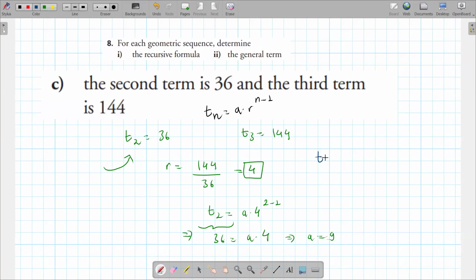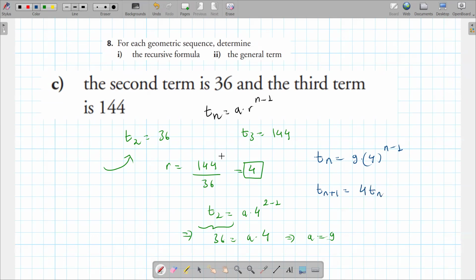The general term is Tn equals 9 times 4 to the power of n minus 1. What's our recursive? It's Tn times 4. You're done. Easy peasy.